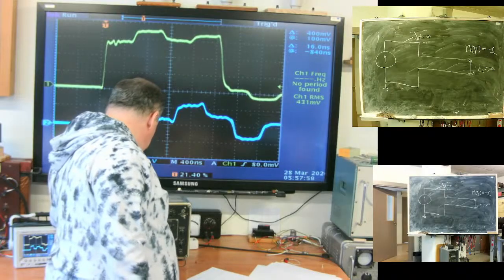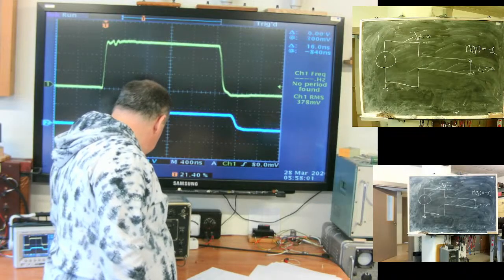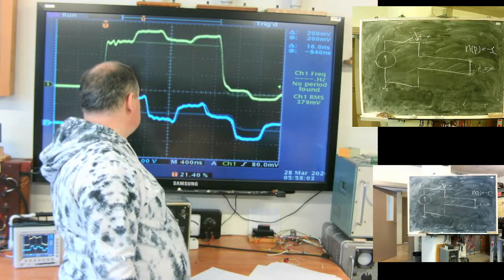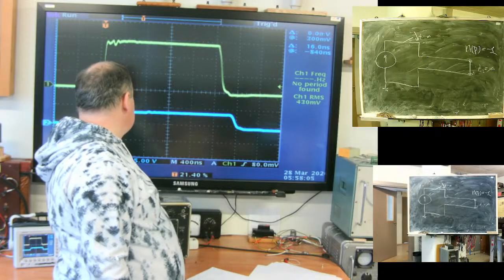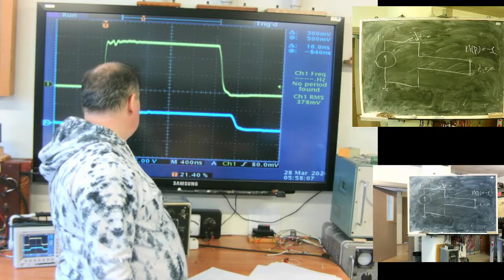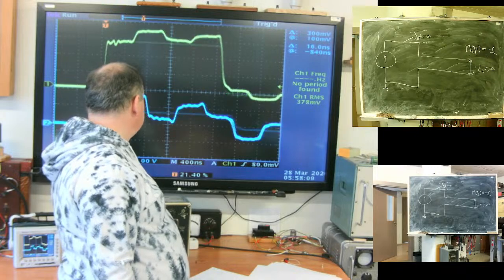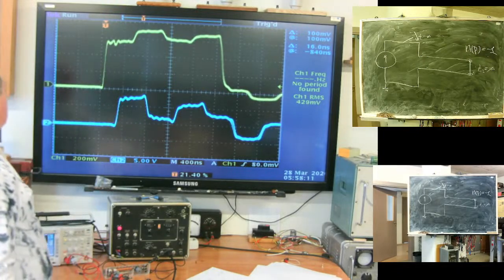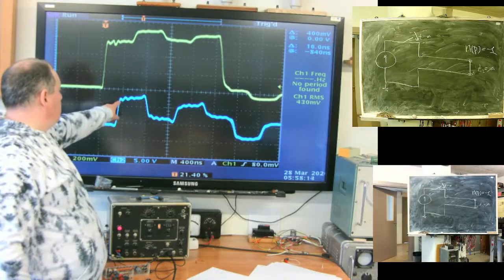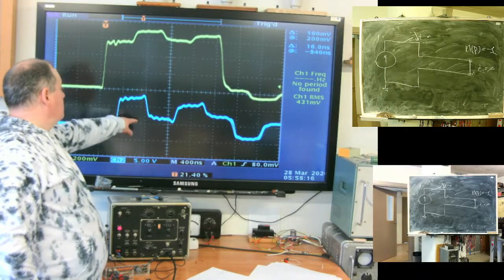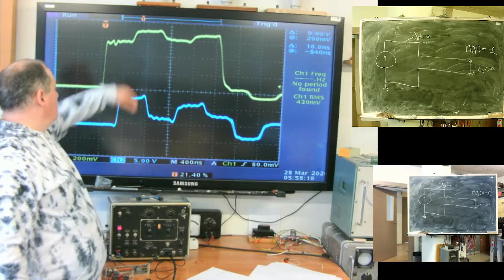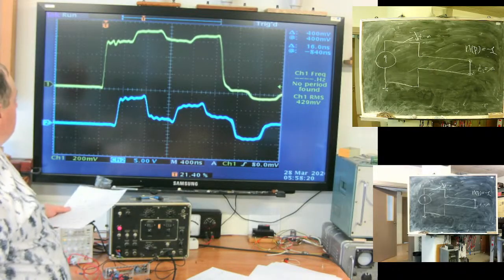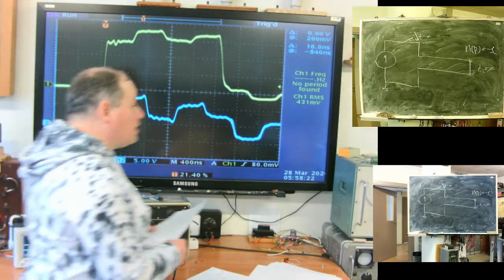Here the line is loaded with its characteristic resistance, so nothing returns. Here the pulse goes, the pulse arrives, here returning.